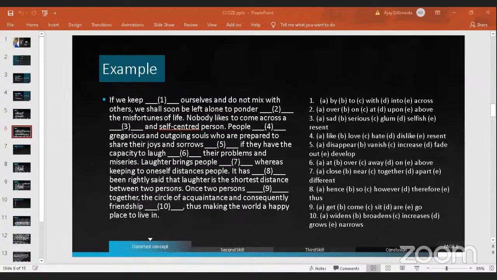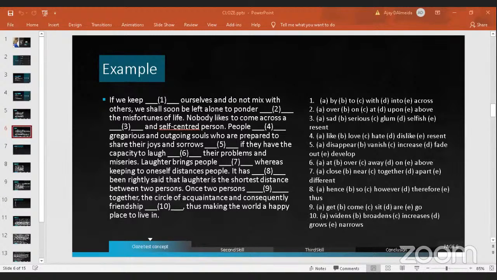Laughter brings people dash, whereas keeping to oneself distances people. Opposites. What should come here? Laughter brings people together, not close. Together, because it is people. People come together.